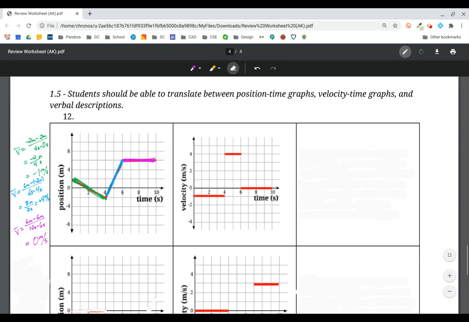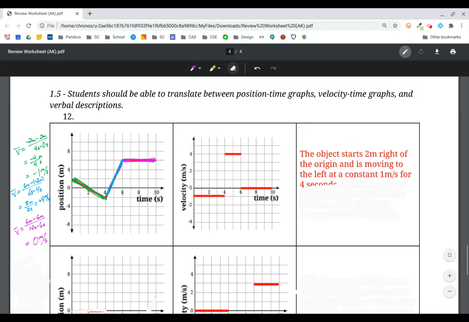Now, in order to describe this motion, we'll start by stating the original position, which is 2 meters right of the origin. We know that it's right because it is a positive 2 meters. If we started down here, that would be 2 meters left of the origin. We'll then describe the first chunk of motion, which is that green line. It's moving to the left because it has a negative slope, and it's at a constant velocity of 1 meter per second.